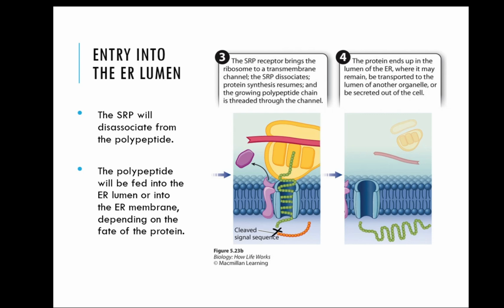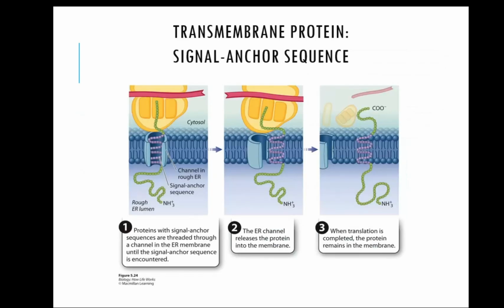Okay, so if we have a transmembrane protein, remember a transmembrane protein is a protein that goes through the entire plasma membrane. It has an extracellular side and an intracellular side. Okay? If a protein is going to be in the membrane, you can see this kind of purple here. That is a stretch of hydrophobic amino acids.